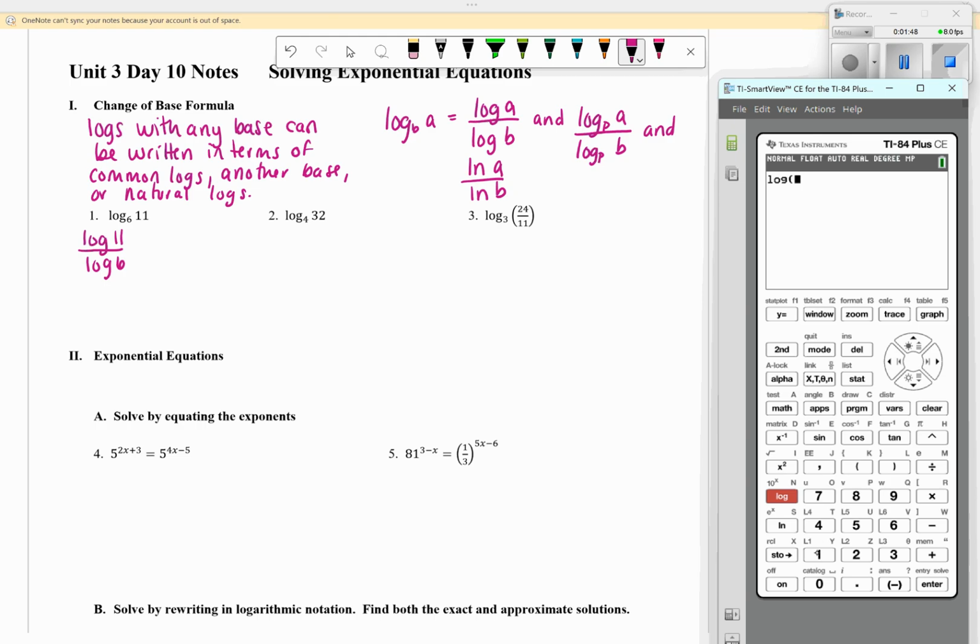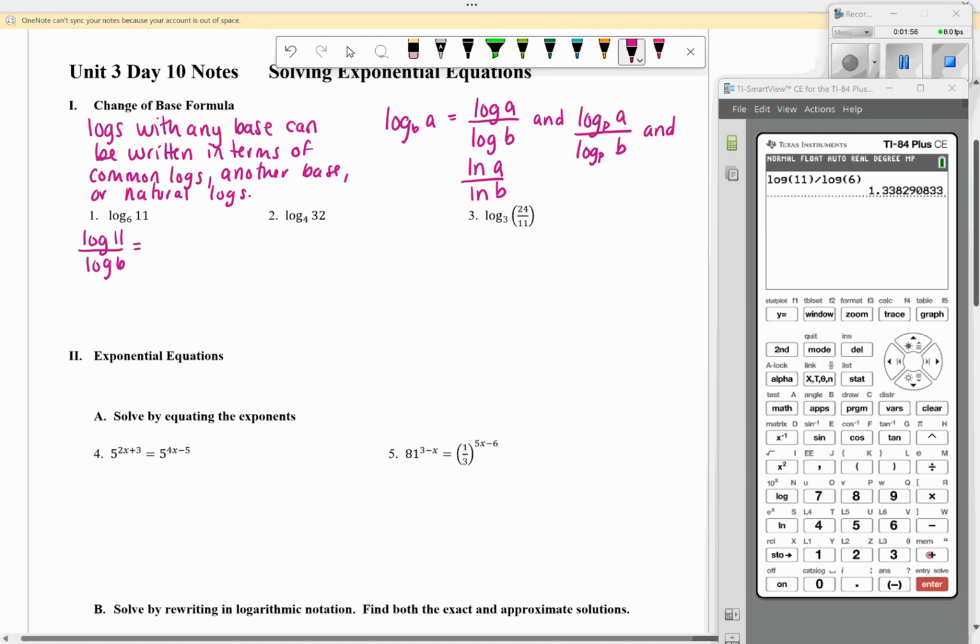So you do log of 11, make sure to close the parentheses, divided by the log of 6, close parentheses. And of course, don't forget we're rounding using 3 decimal places, but it doesn't hurt to round to 4. So I'm going to go ahead and write this as 1.338, and then that would round to 3. So we need at least 3 decimals.